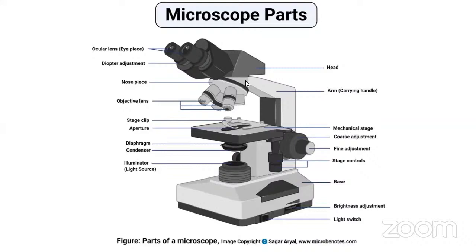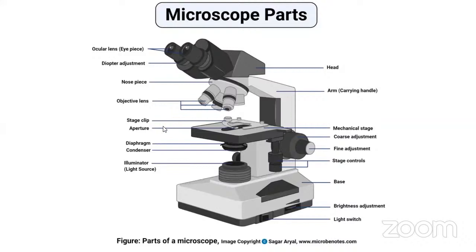The portion which supports the eyepiece along with the other parts of the microscope is called the arm. And here there is a stage where the sample we want to see is placed, and this is called the stage clip. It is movable. One can pull it and then attach the slide or the object which needs to be visualized.